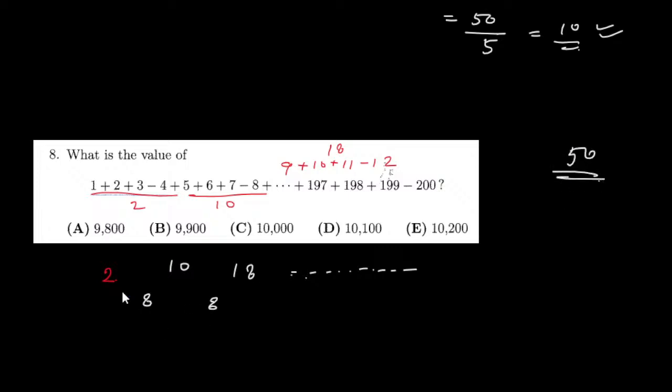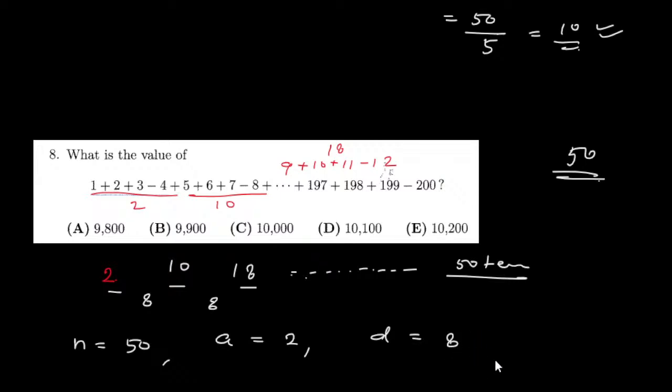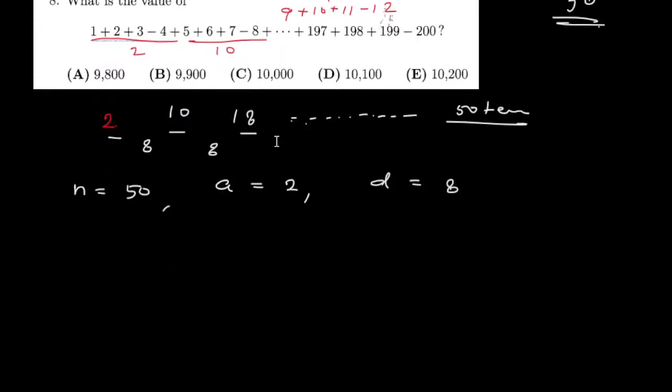So that means like this we have 50 terms. Okay, so here we have n equals 50, your first term a equals 2, and your common difference d is going to be 8. So I have to find out the sum S50. So S50 is 50 divided by 2 times 2 times first term plus 49 times common difference.